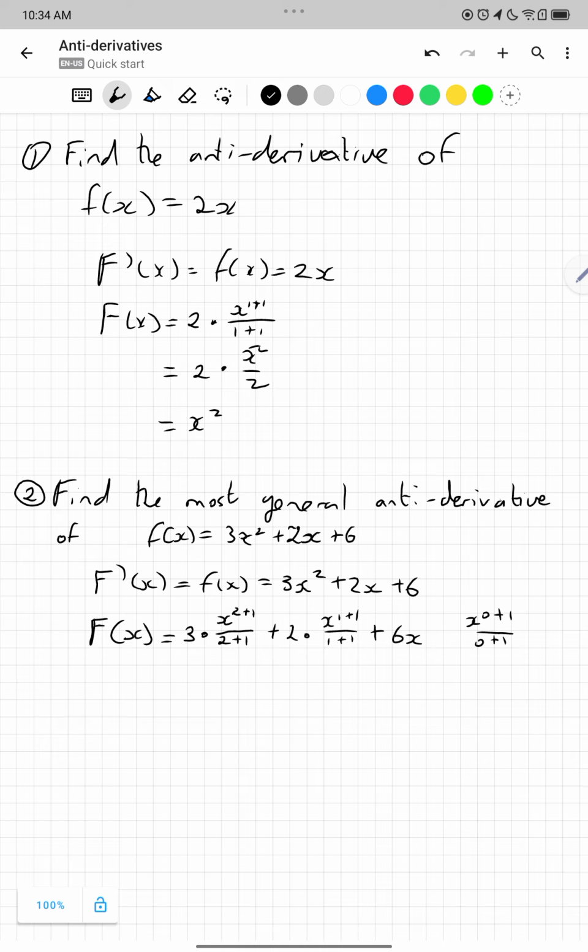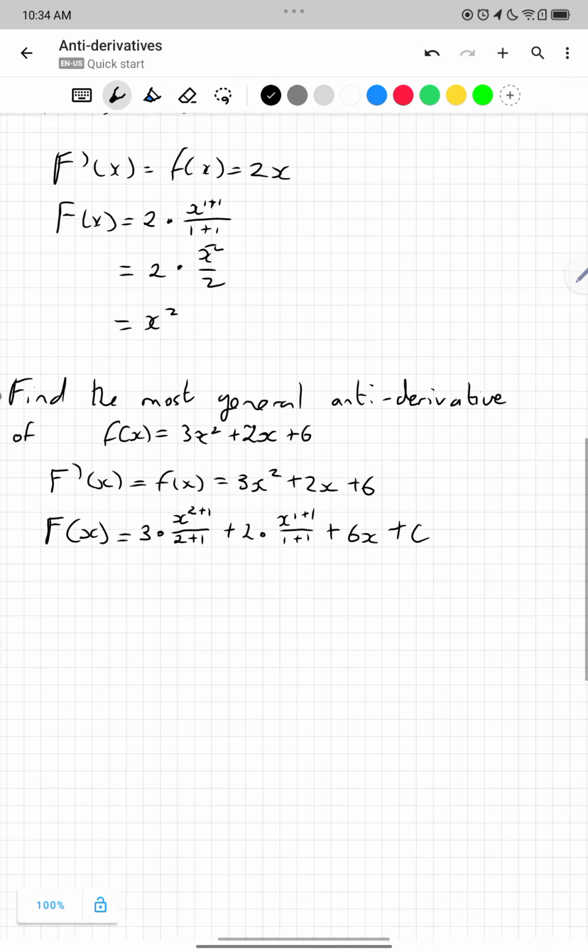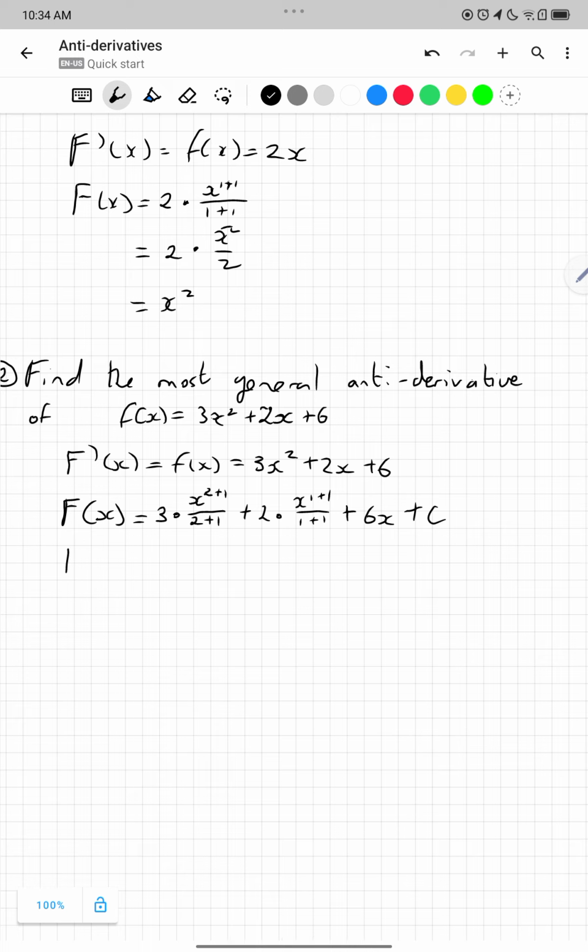Since they asked for the most general antiderivative, it's plus c. So you get F of x is equal to x cubed plus x squared plus 6x plus c. So that is your antiderivative.